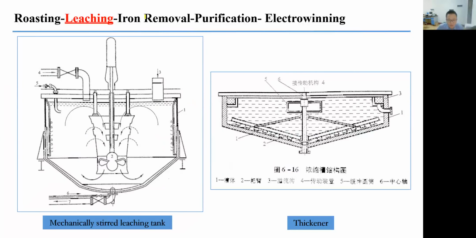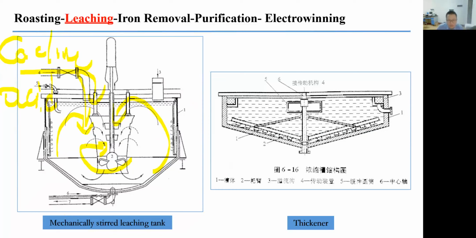And if we go to the equipment for leaching, this is a mechanically stirred leaching tank. The slurries, like we have the concentrate calcine, and we have the spent acid, are slurried and injected into this tank, and with this mechanical rotation there is material flow and strong leaching reaction happening here.